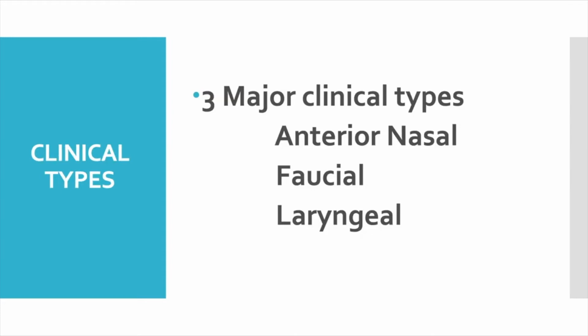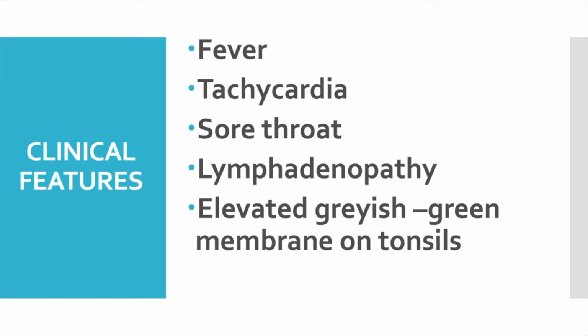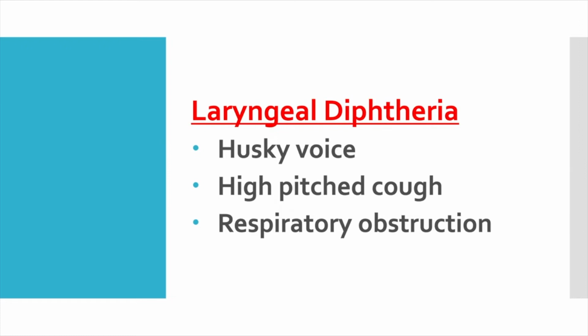Three major clinical types: anterior nasal, pharyngeal, and laryngeal. Clinical features: fever, tachycardia, sore throat, lymphadenopathy, elevated grayish green membrane on tonsils. Laryngeal diphtheria has husky voice, high pitched cough, and respiratory obstruction.